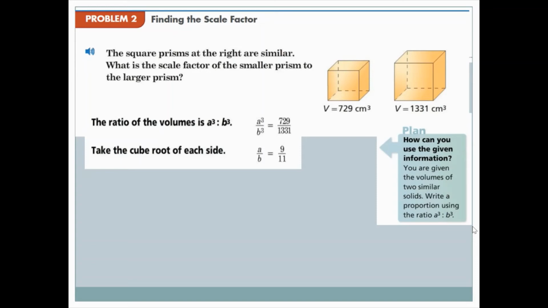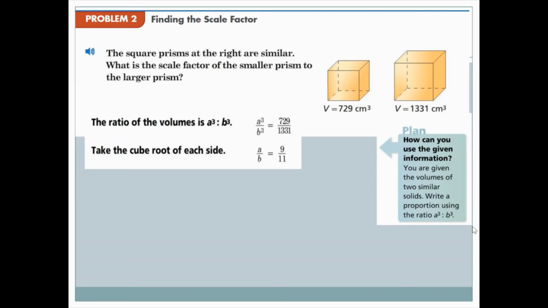The next step, take the cube root of each side. What is the cube root of 729? Or what number, if you multiply 3 times by itself, the answer is 729? Yes, and that is 9.